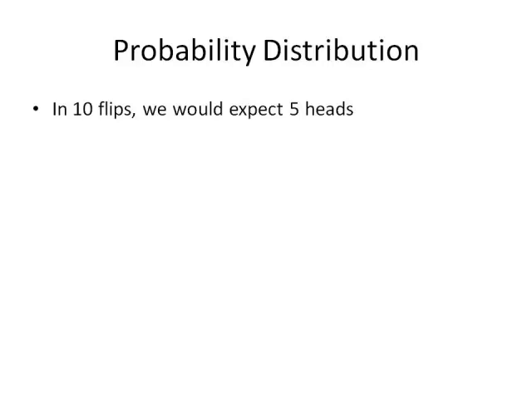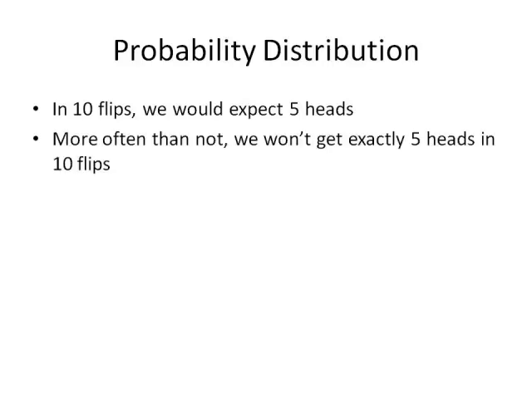To answer that question, we can look at the probability distribution. As we said before, in 10 flips, we would expect to see 5 heads. Now, more often than not, we're not going to get exactly 5 heads in 10 flips. Sometimes we'll get a little more than 5, sometimes a little less, but we expect to get heads 50% of the time.